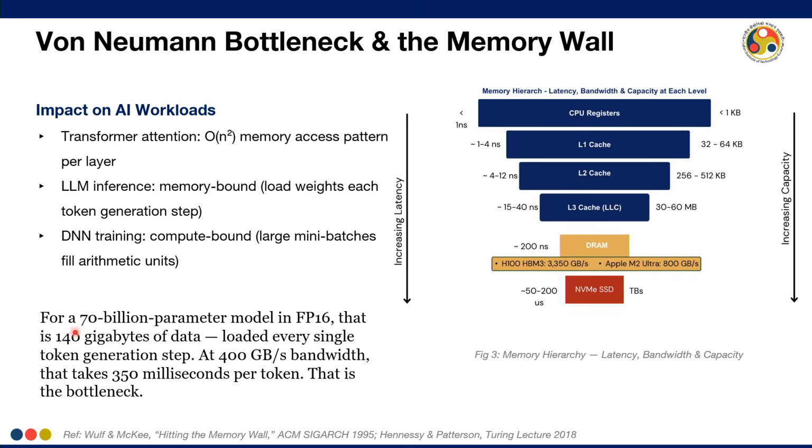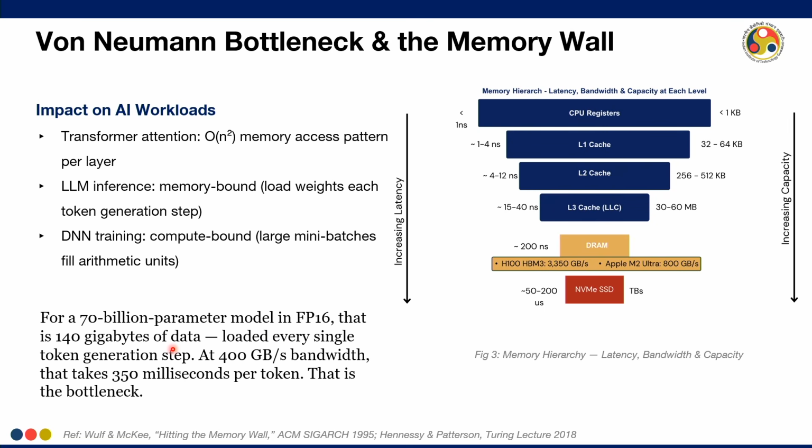For an example here, 70 billion parameters are there in a model. Imagine we are trying to train a model with 70 billion parameters of FP16 data type, floating point 16 bits. That is around 140 gigabytes of data. It should be loaded at every single token generation step, right?